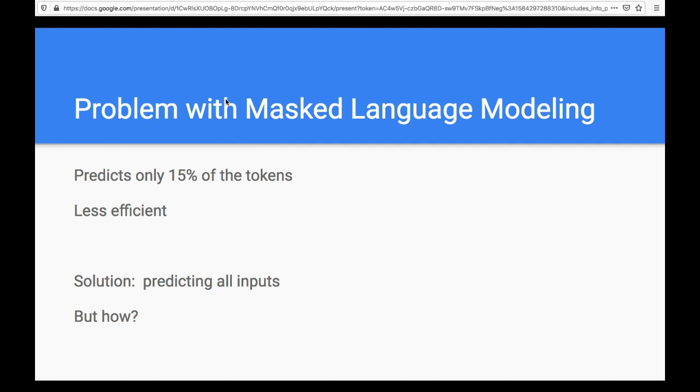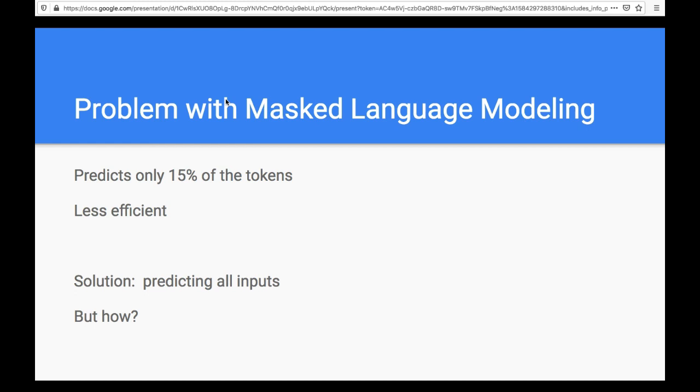This paper says BERT is not efficient because you only predict 15% of tokens, and for the remaining 85% of tokens you don't give any prediction, so it will not learn from them, and that's just not very efficient.